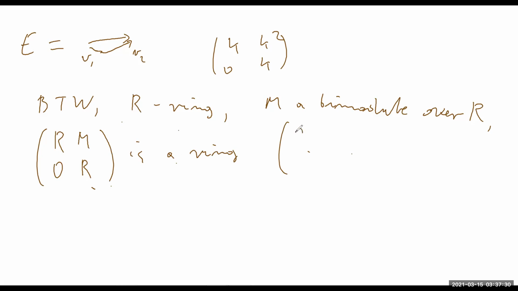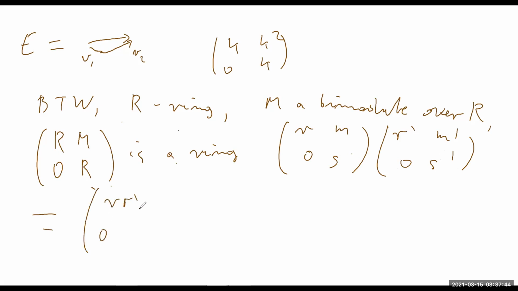Because if I have (R, M, S) times (R', M', S'), then here I'll get 0, here I'll get RR', here SS'. But in this upper right corner, what you will get is RM' plus MS'. So the only structure that you need is the structure of a bimodule. We need to be able to multiply on the right and the left.